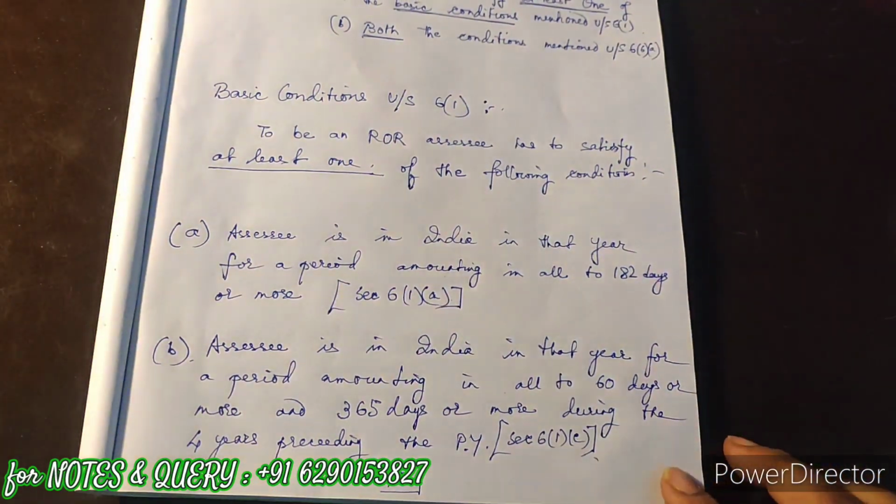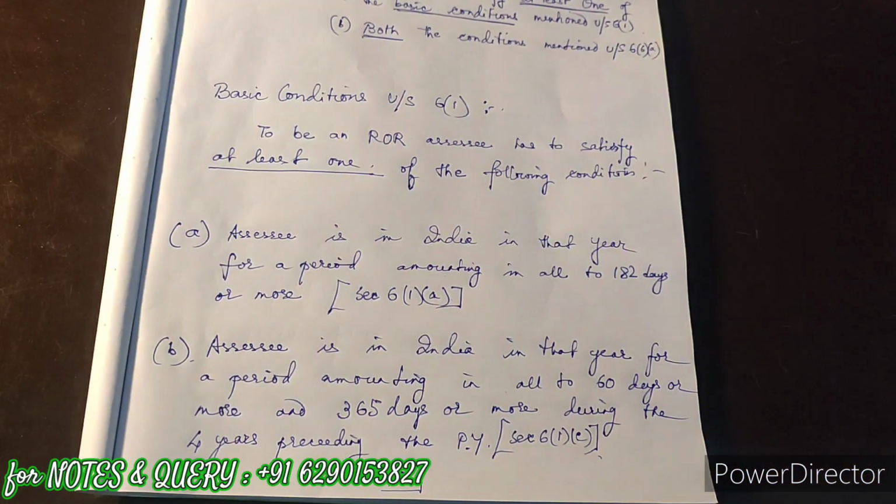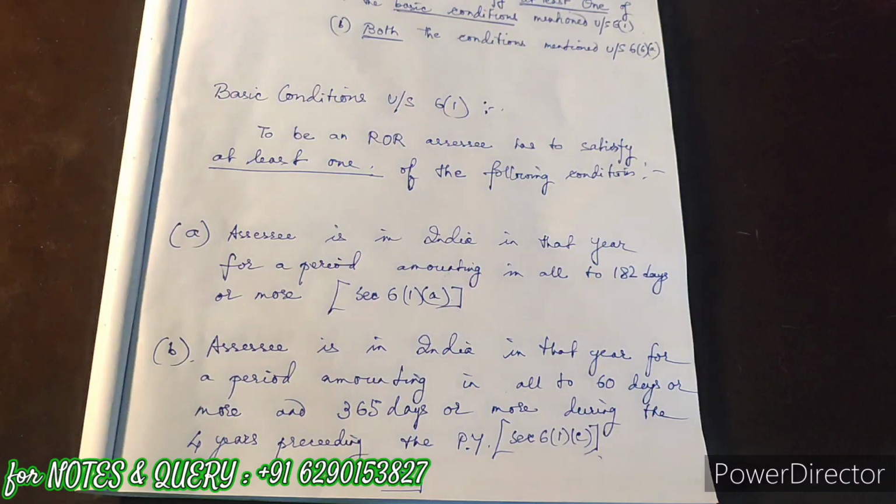So he should be in India for 182 days or more, and that will be the first condition of section 6(1)(a). And the second condition would be: assessee is in India in that year, meaning the particular previous year, for a period amounting in all to 60 days or more and 365 days or more during the 4 preceding previous years. Okay, that is section 6(1)(c).